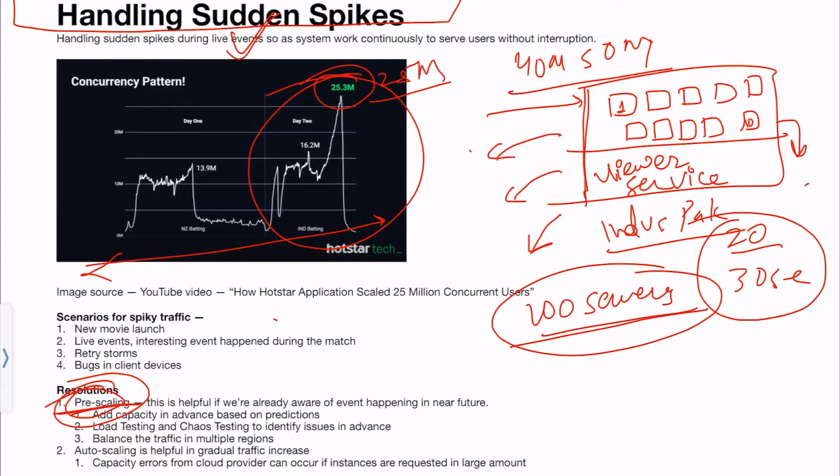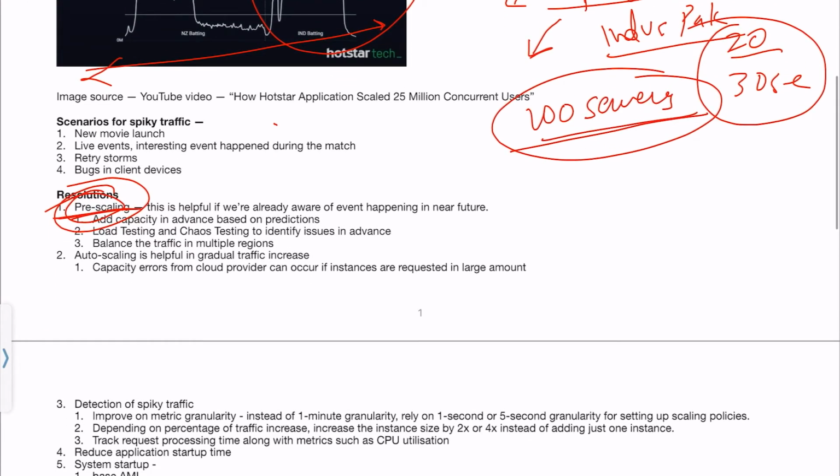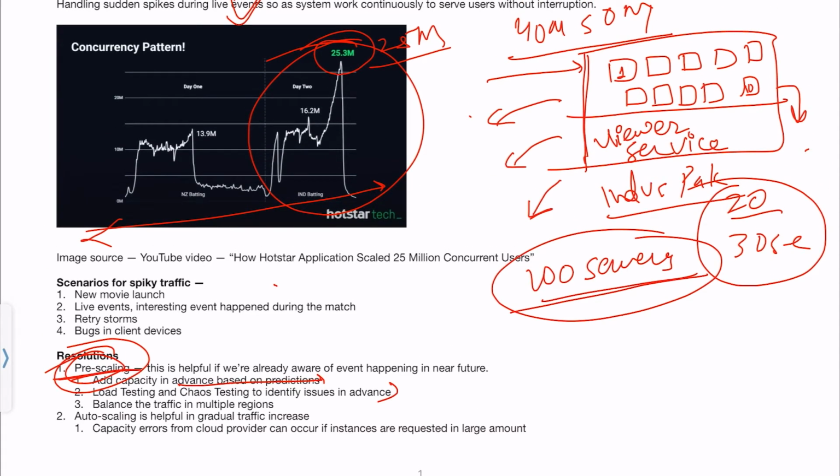So you have to keep a balance of minimum cost and customer experience maintained. So you add capacity in advance based on predictions. Another thing you do is perform load testing and chaos testing to identify any issues in your architecture. So first thing is that you have the hardware capacity.